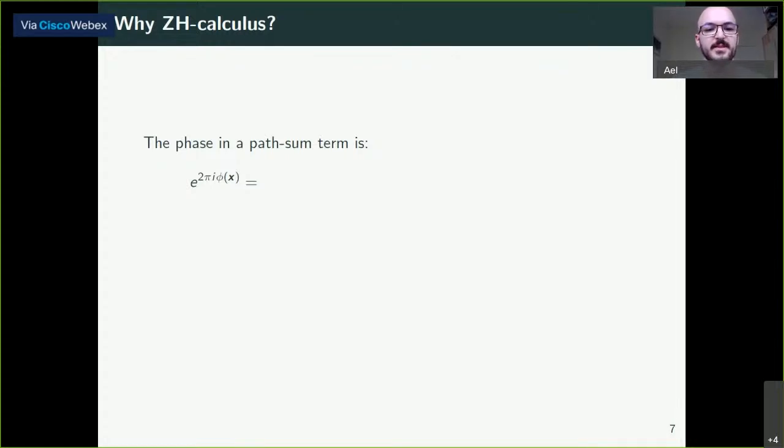The reason for this is that the phase in the path sum term is actually this e to the 2 pi i phi, and phi is a polynomial, so it can be written as a sum of monomials, and a monomial is the product of a coefficient and variables. A sum inside an exponential is actually a product, and you can separate the constant terms with the variables.